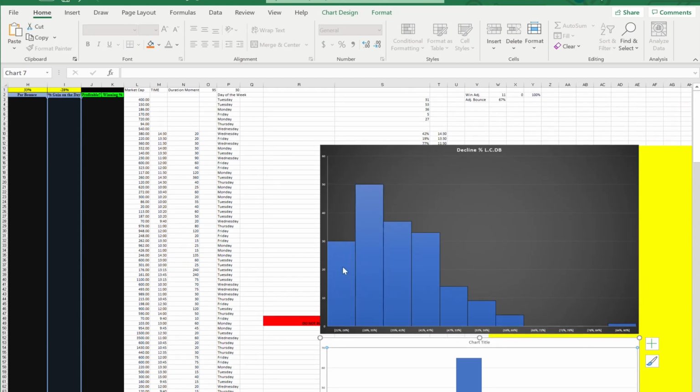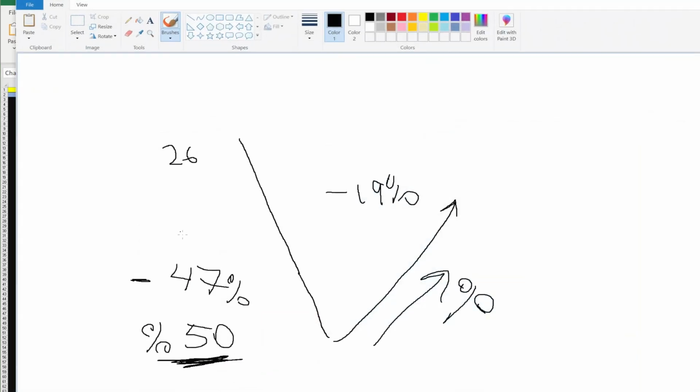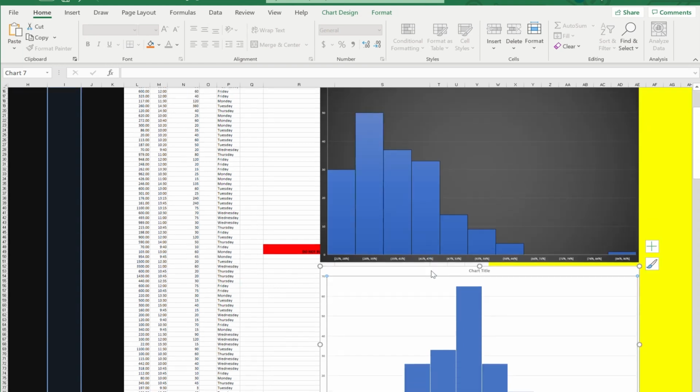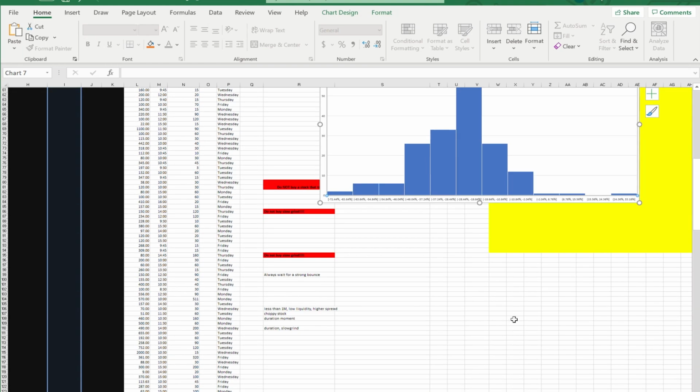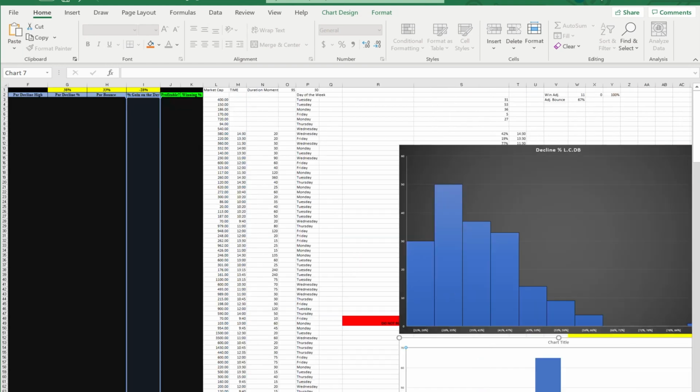So no way in hell I'm buying at 22%. If a stock drops 22%, I'm not going to buy it. That's a lottery, and I don't gamble. I'm going to wait for a bigger drop, 50, 60, 70%. And so yeah, that's basically the way you use this data.